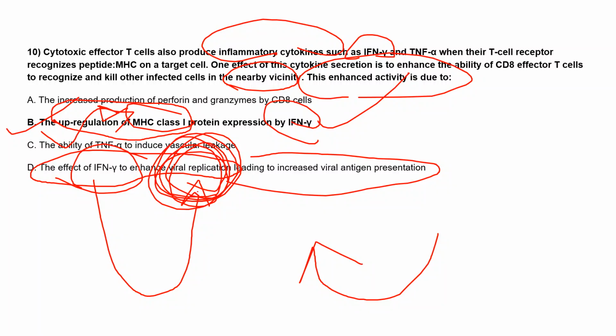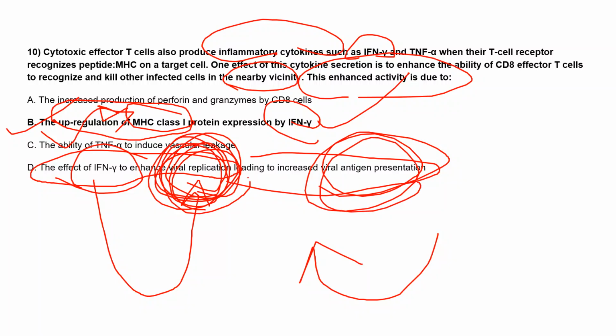Surely they will increase viral antigen presentation, but not through viral replication, because otherwise it will be problematic, right? First is the increased production of perforin and granzyme by CD8 cells.